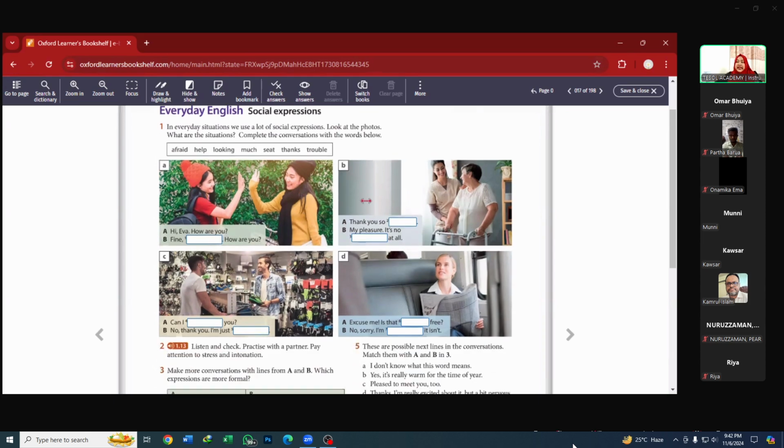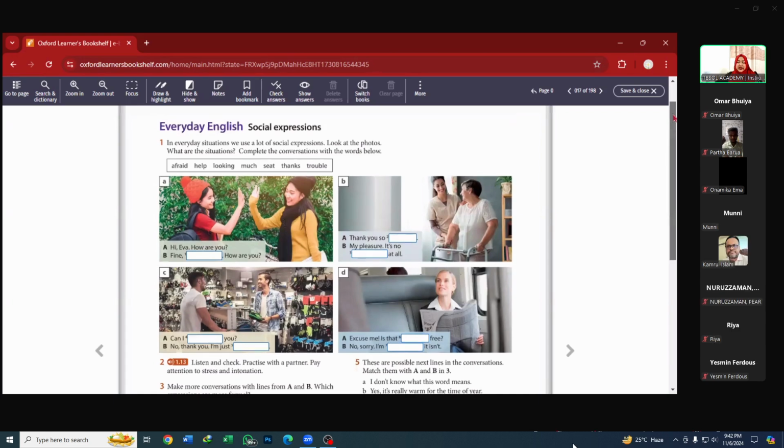here. So in each picture, we see different situations. We see that there are 4 pictures given here, and each picture has a different situation or a scenario given, right? So here, in each scenario, there are some short dialogues or short conversations, but each conversation has some blanks in it.